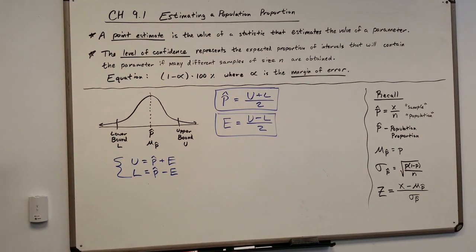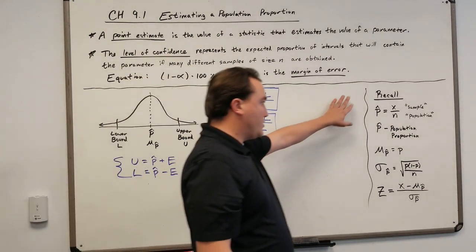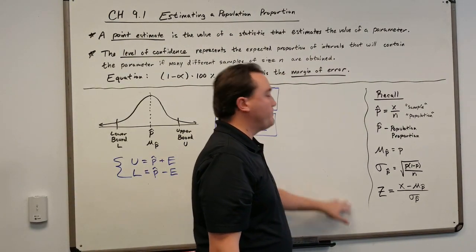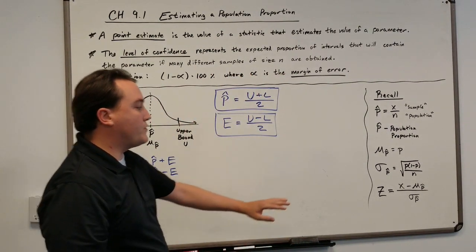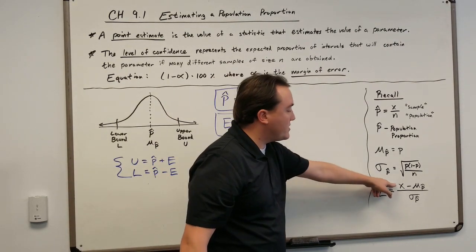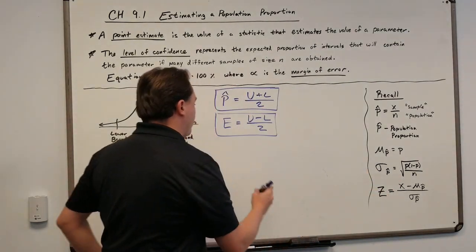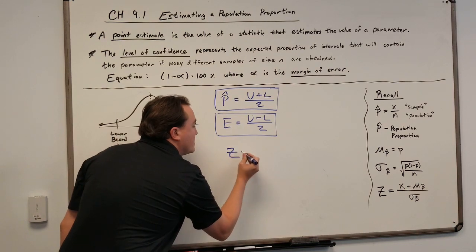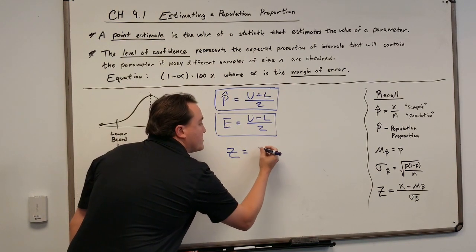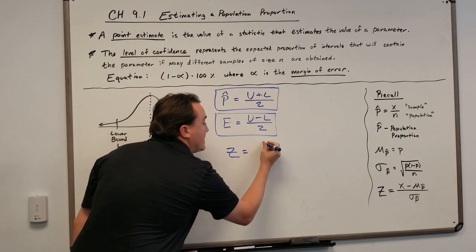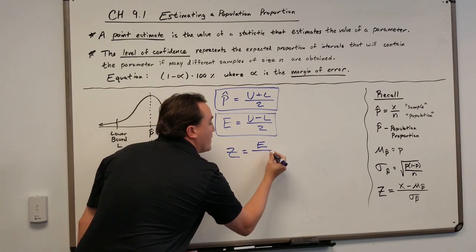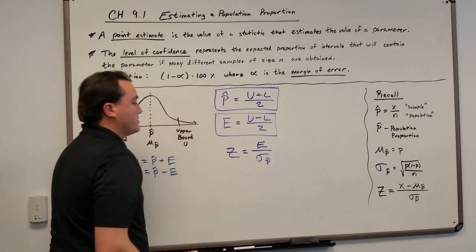Another thing that's important about this section, and you should know all of this from chapter 8, is if we take this equation and we call the top of this E, right? So we have Z, or our Z-score, equals E divided by the standard deviation of the population proportion.